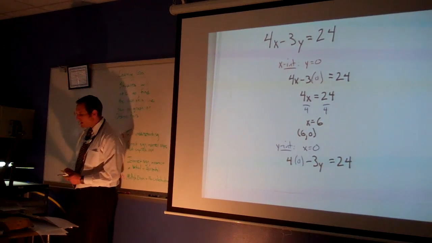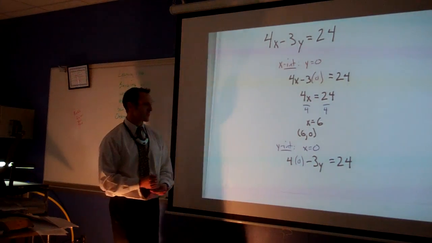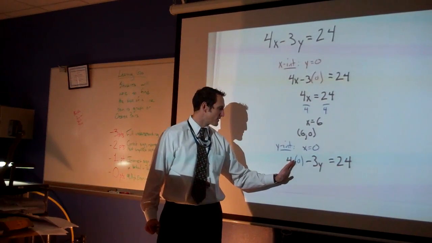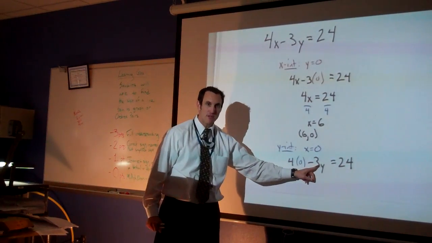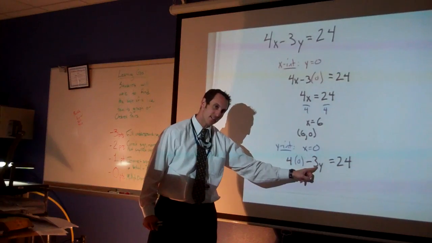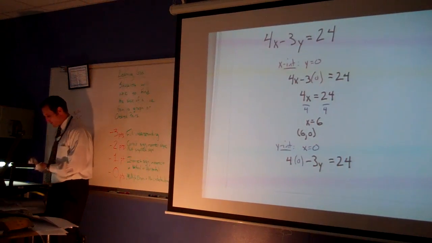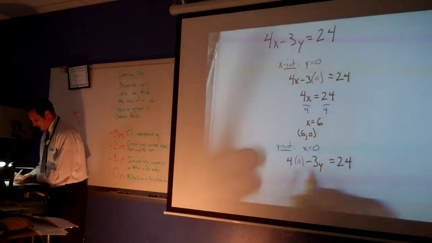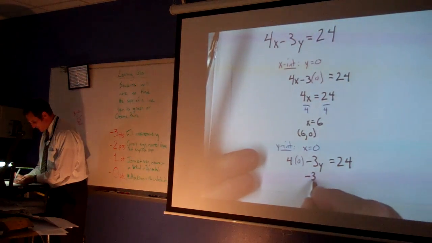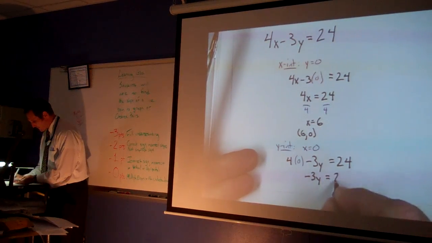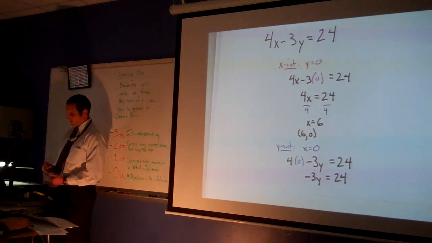Now when we do this, we have to be very careful of our signs. This is 4 times 0 minus 3y. This minus sign belongs to this 3. So the minus sign must stay with that 3. So when we have 4 times 0, which is 0, we have negative 3y equals 24.